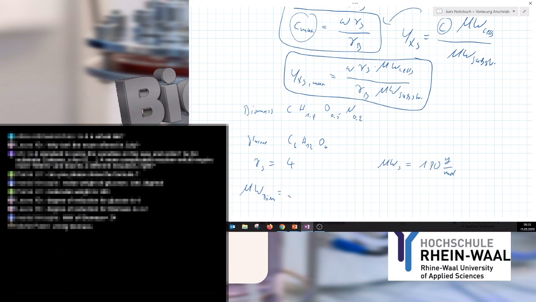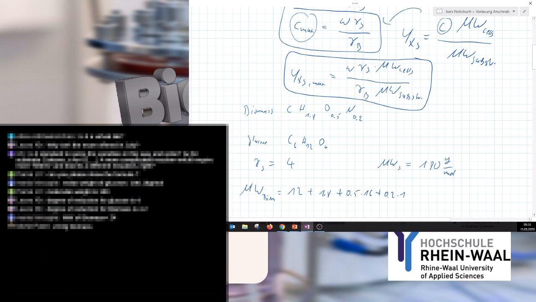The molecular weight of biomass is 24.6. It's simply, no, sorry, let's do it like this: the carbon is 12, plus 1.8, plus 0.5 times 16, plus 0.2 times 14.